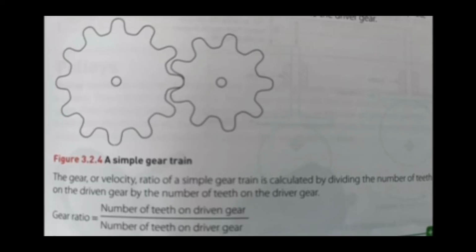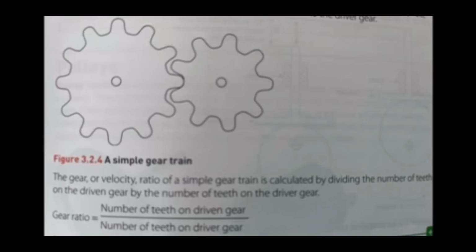Now, you need to know that when there's a larger gear driving a smaller gear, then this will cause an increased speed but a decreased torque. But if you were to have a smaller gear driving a larger gear, that would result in a decreased speed but an increased torque. Now you can see an example of a gear train in front of you here.